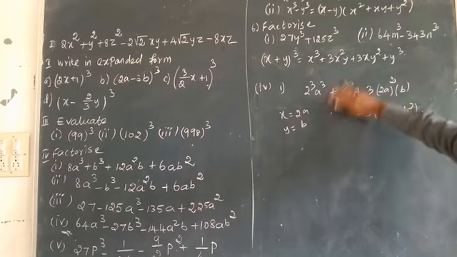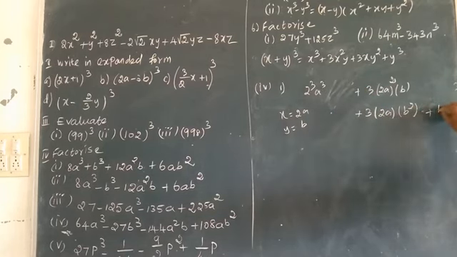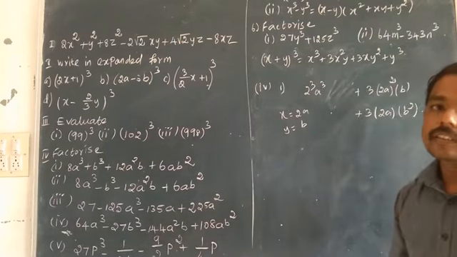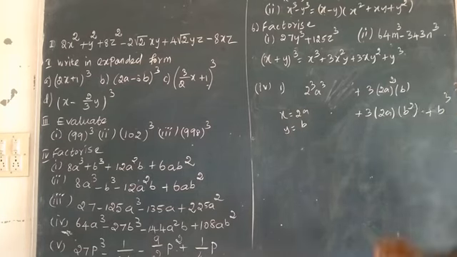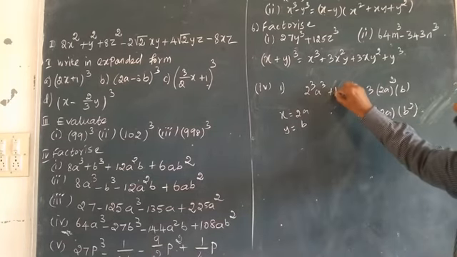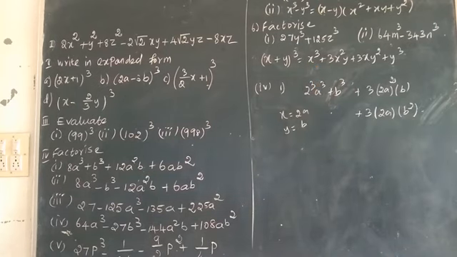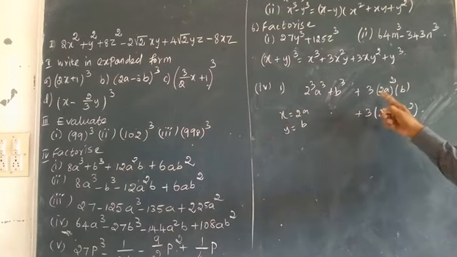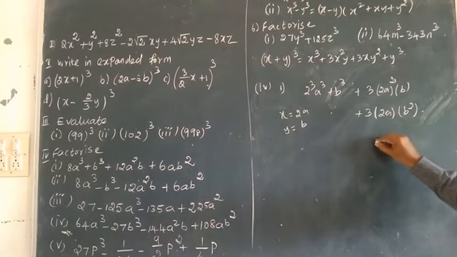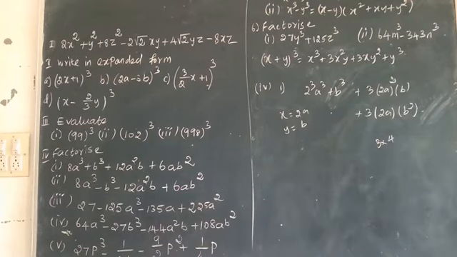Already it's b power 3, so we can write x power 3 plus y power 3. Now we can check this number is 12 or not, because 3 into 2 squared value 4, 3 fours are 12, and 3 into 2 is 6.